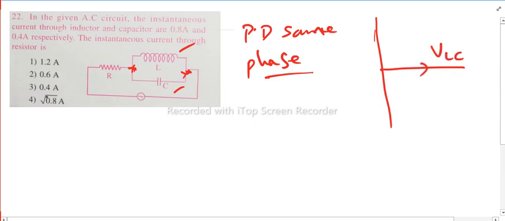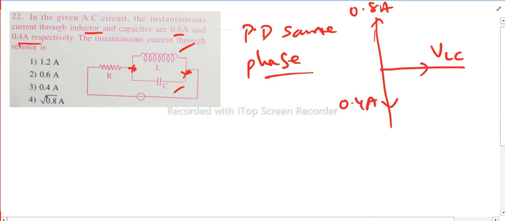Now you know that in the inductor, the current given is 0.8 amps and the current in the capacitor is 0.4 amps. So we have to see these are anti-parallel.